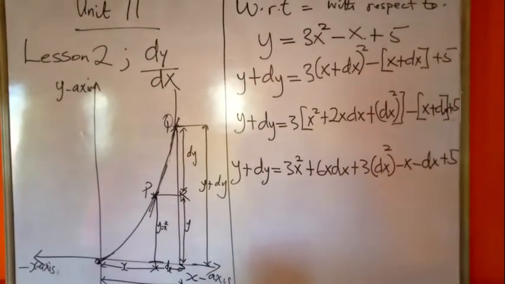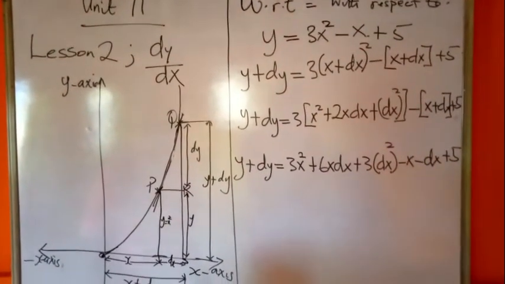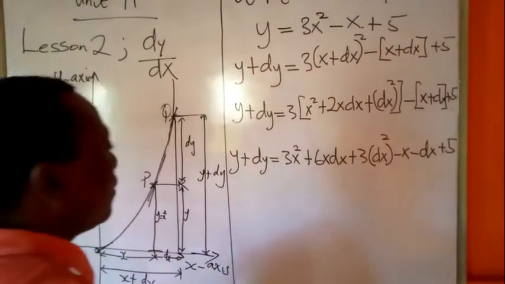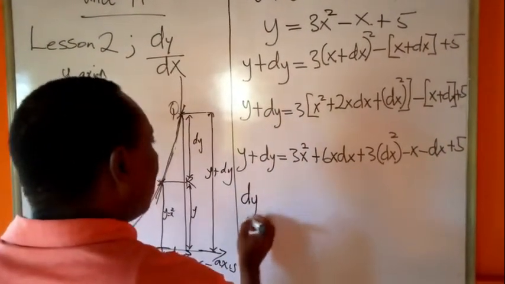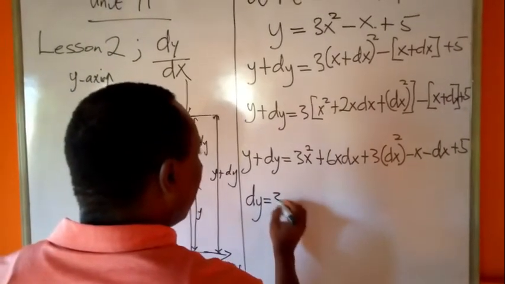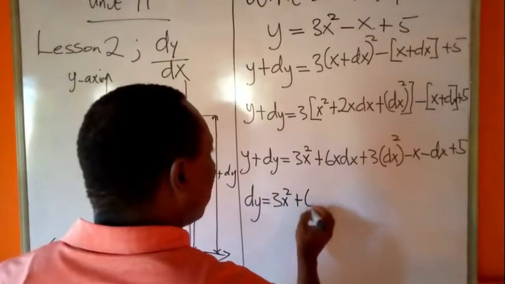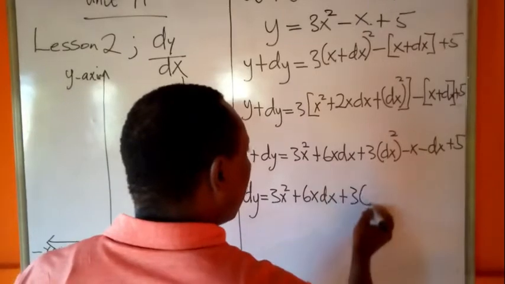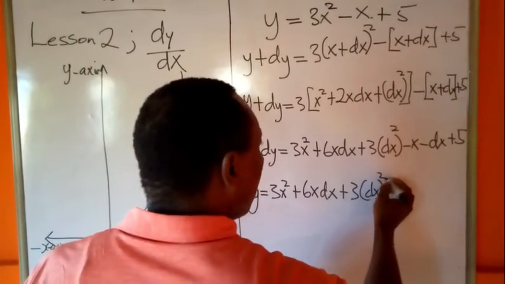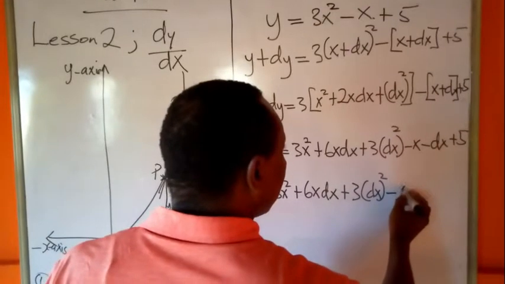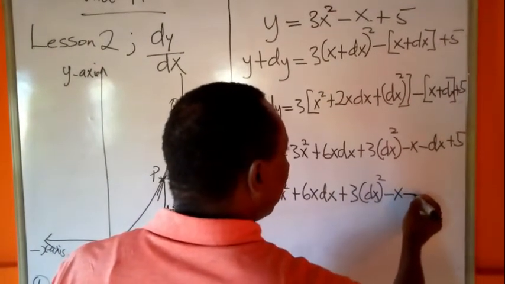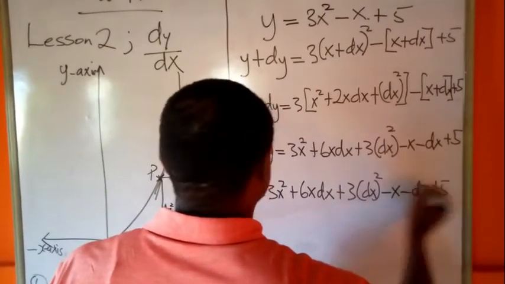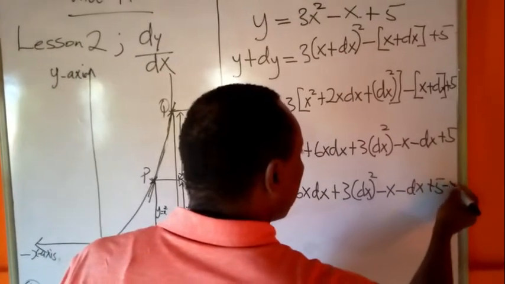So, what do we do at this juncture? Look at it. So, we can bring out dy. So, dy is equal to 3x squared plus 6x dx plus 3 dx squared minus x minus dx plus 5 minus y.